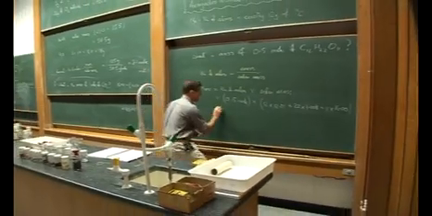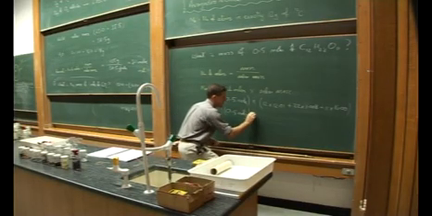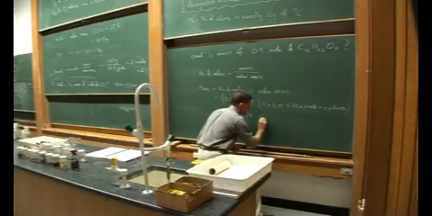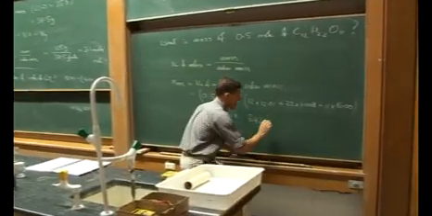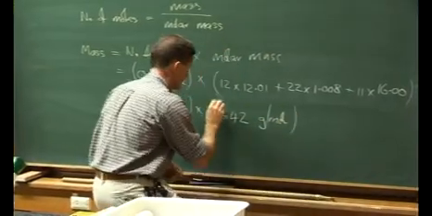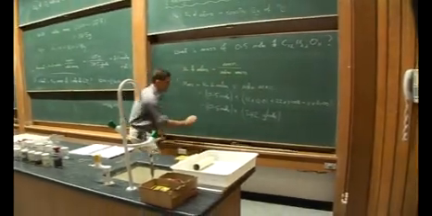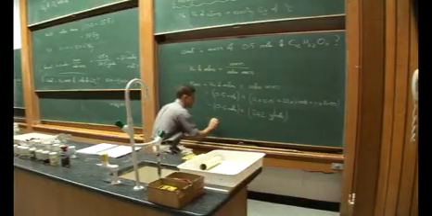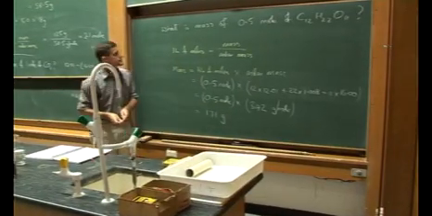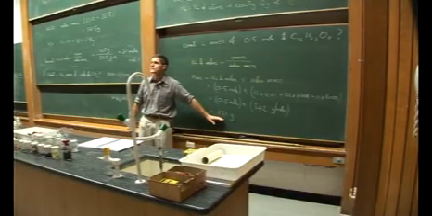And if I work that out, I find that this comes out to be 342 grams per mole. 0.5 times 342 is 171 grams. So, half a mole of sucrose weighs 171 grams.